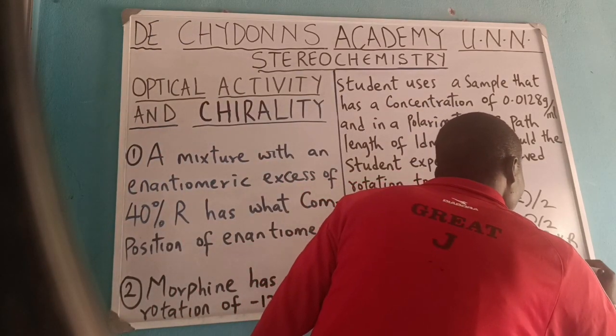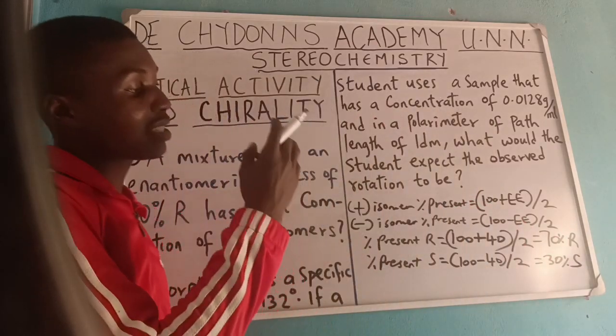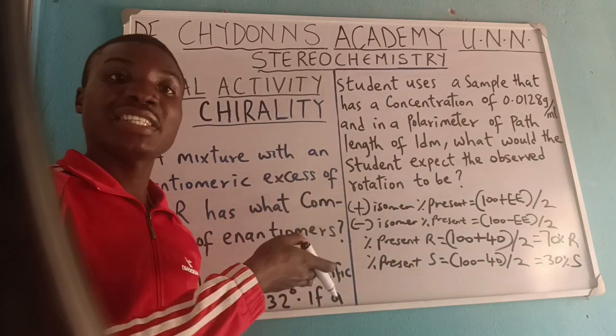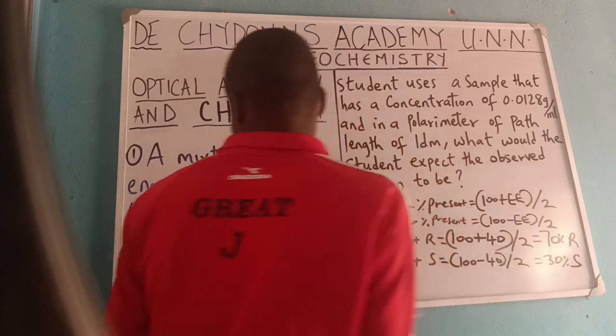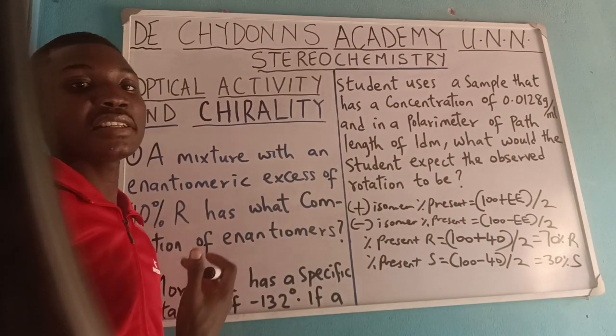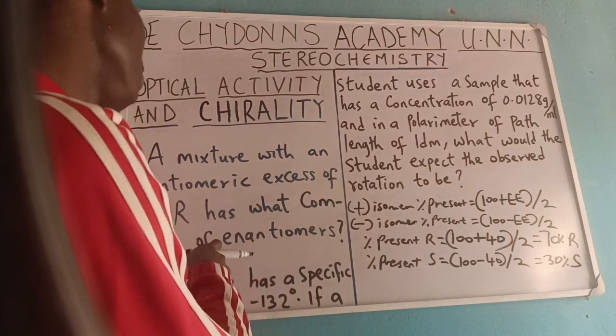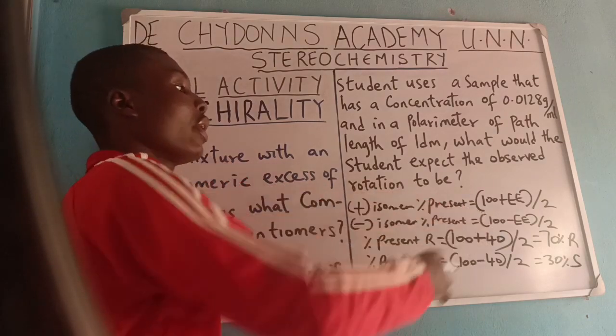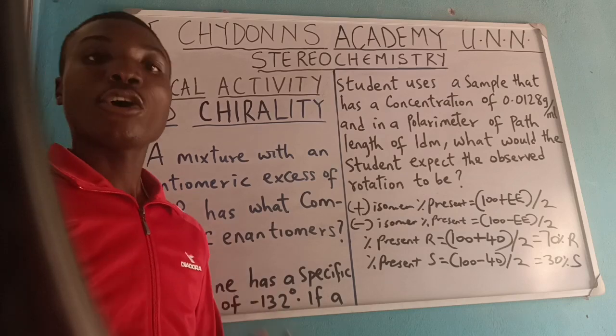So you can see that any which way you decide to go, you'll still get 70% of R and 30% of S. 70 minus 30 is going to give you back the enantiomeric excess, which is 40% of R. So for question one, the composition is 70% of R and 30% of S.